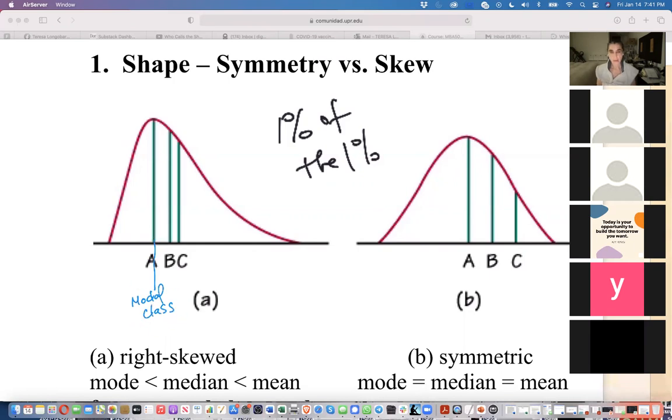So that's the modal class. We talk about mode. We're more interested in the modal class, the class with the most observations. So this is called A, which would mark the mode.